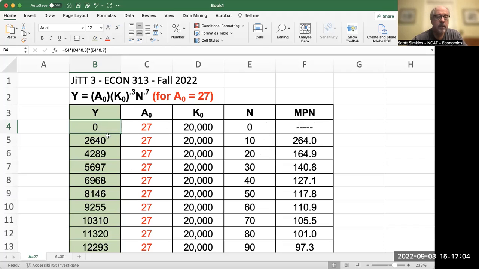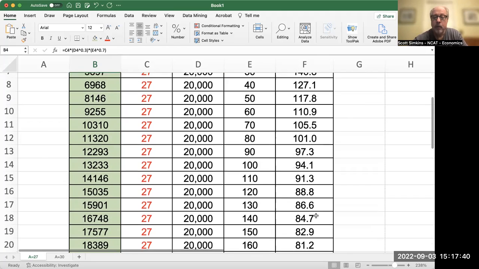So as N goes from 10 to 20, Y goes from 2,640 to 4,289. And so the difference here is 1,649, and then divided by 10, 164.9. And again, if you put a formula in for this one, all you have to do is copy it down the columns and all those numbers will auto-populate.